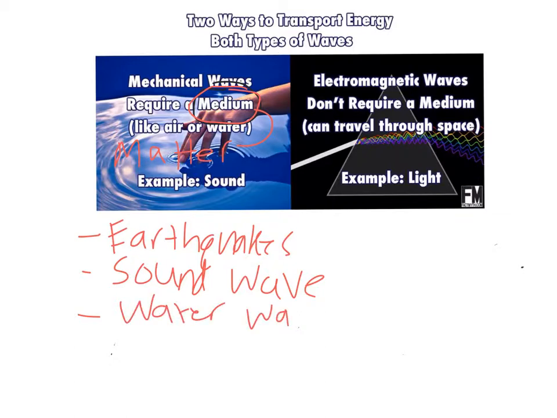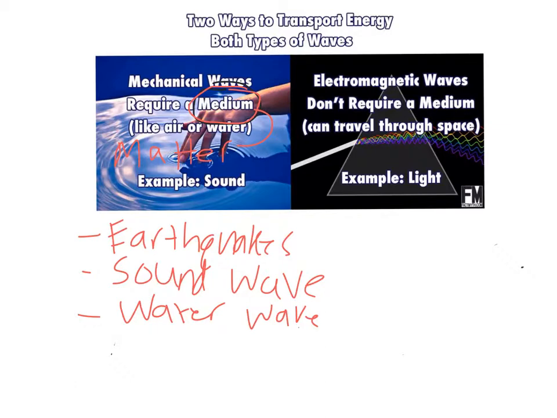All of these are basically showing energy moving through a medium or matter. A wave is really just how energy travels. And mechanical waves are earthquakes, sound waves, water waves. All of these require matter. So hopefully we got that down.